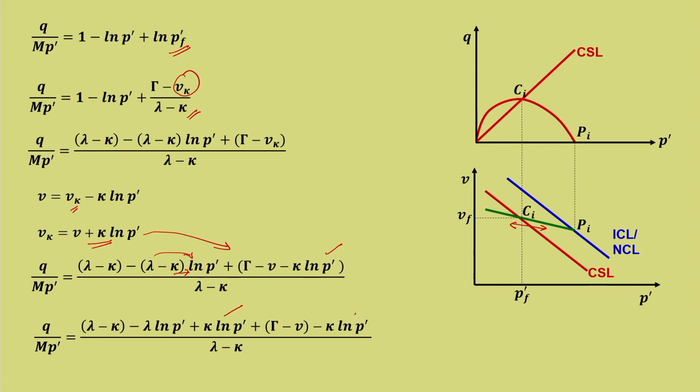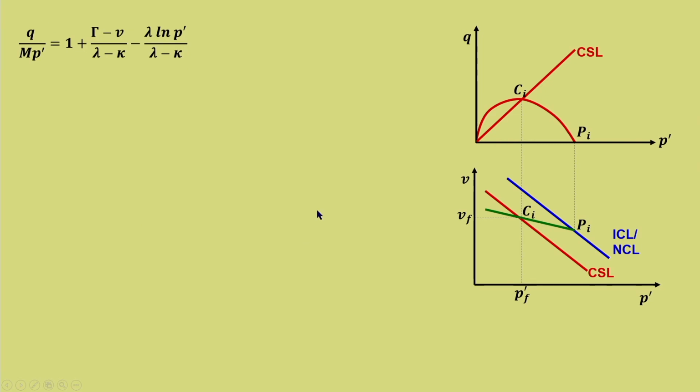So this and this goes away. After simplifying, we can write Q by M P dash is equal to 1 plus gamma minus V upon lambda minus kappa minus lambda ln P dash upon lambda minus kappa.